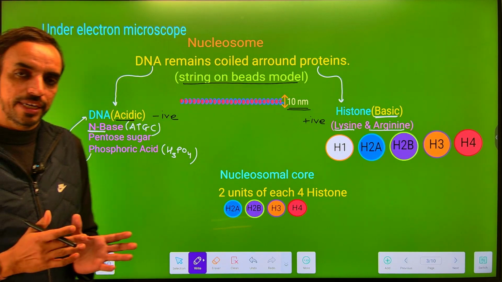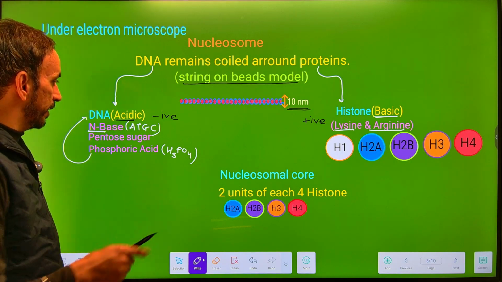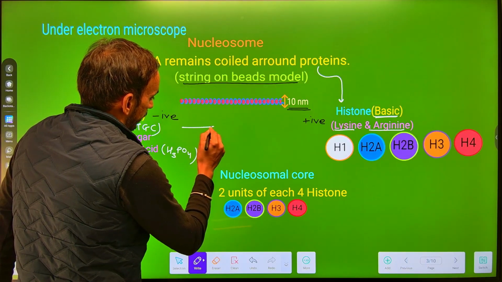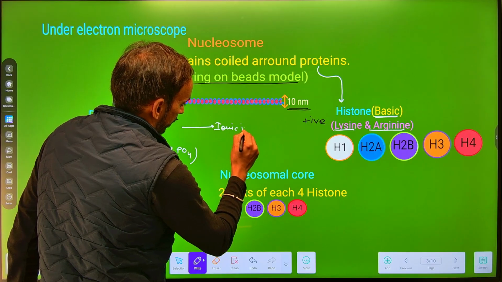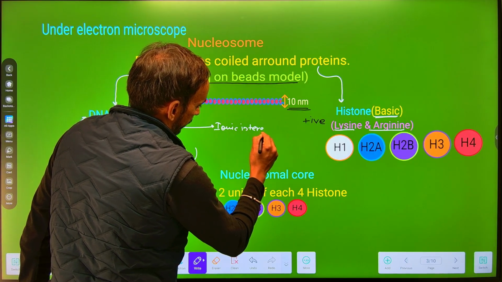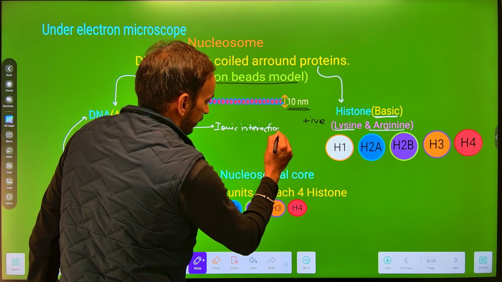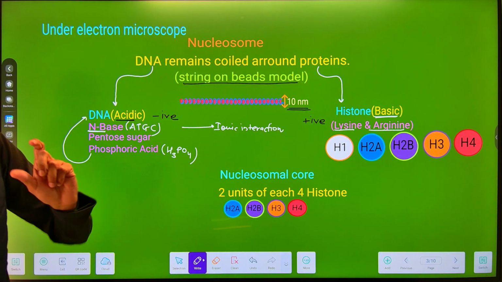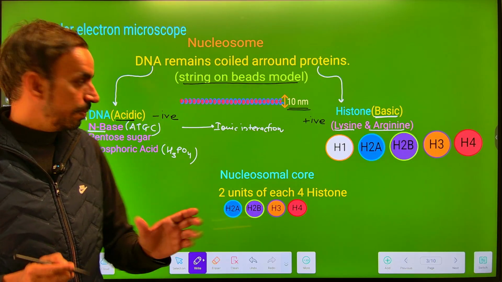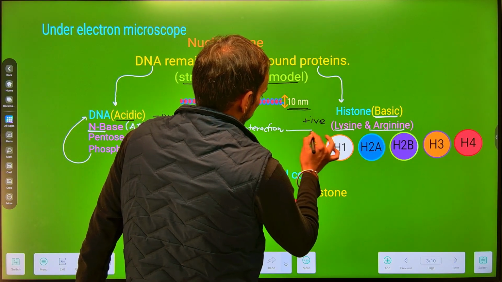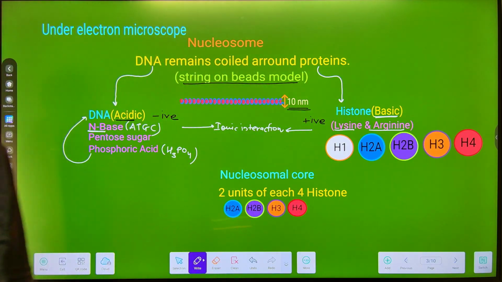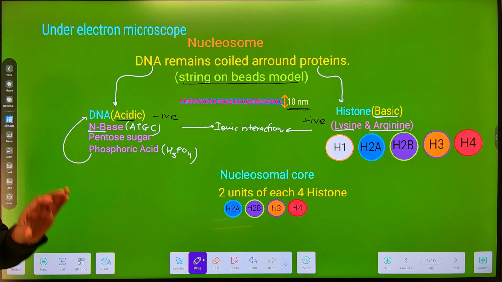And in the starting, when we studied chemical bonding, we said that the DNA interacts with the histone through the interaction known as ionic interaction. These are not ionic bonds, these are ionic interactions which occur between molecules which have partial negative and partial positive charge. So the DNA can interact with the histone with the help of certain ionic interactions.